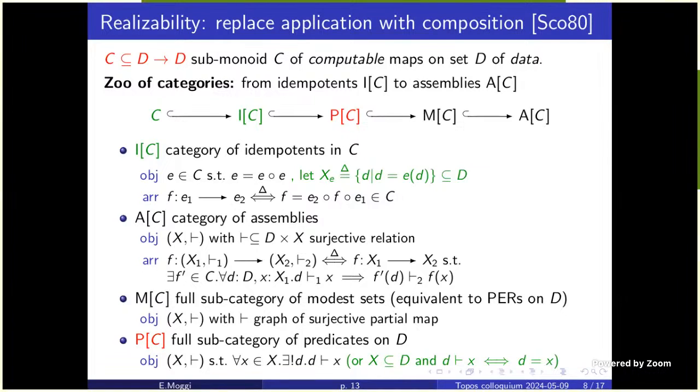What I will do instead is to replace these applicative structures with a monoid of functions on some set of data. So the idea is that we have some set of data D and some subset of the functions from D to D that we consider computable.